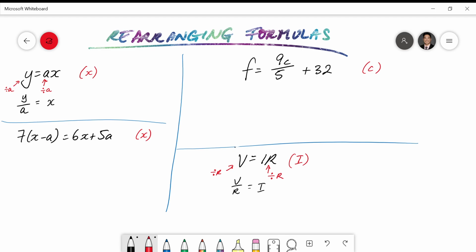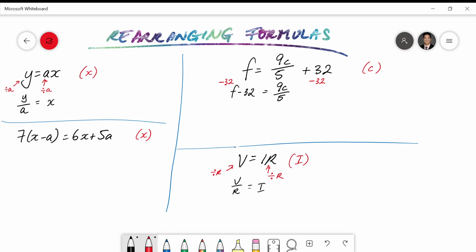Following SAMDOB, the plus 32 is going to be our first move. To get rid of a positive 32, we subtract 32 from both sides. We end up with f minus 32 is equal to 9c over 5. Next, if you remember from previous videos, in order to go upstairs, we need to start downstairs.